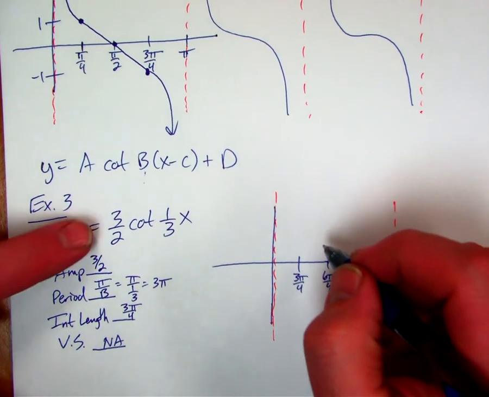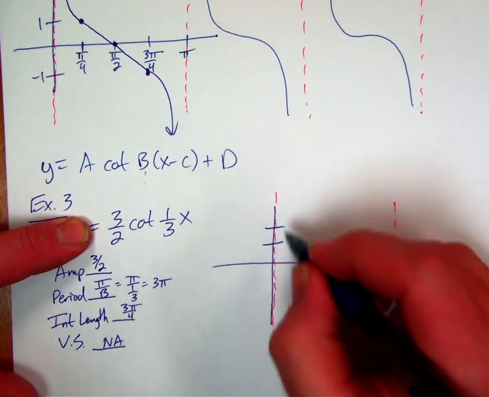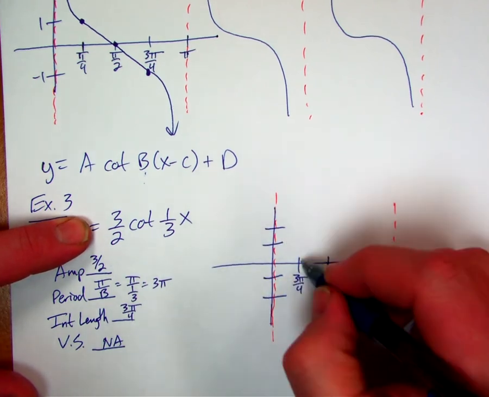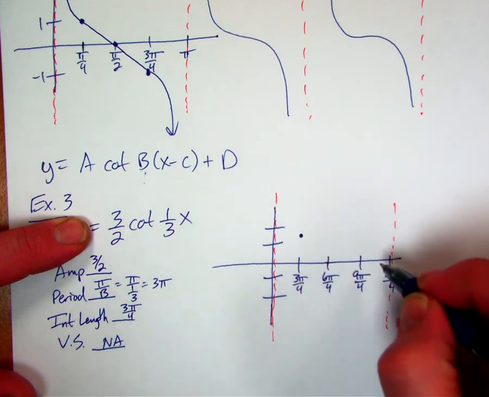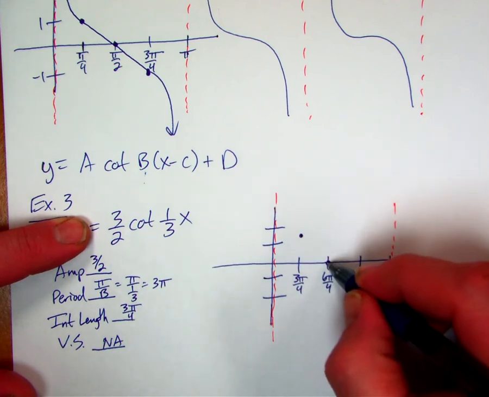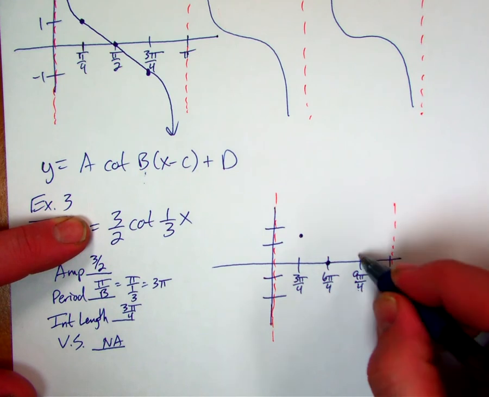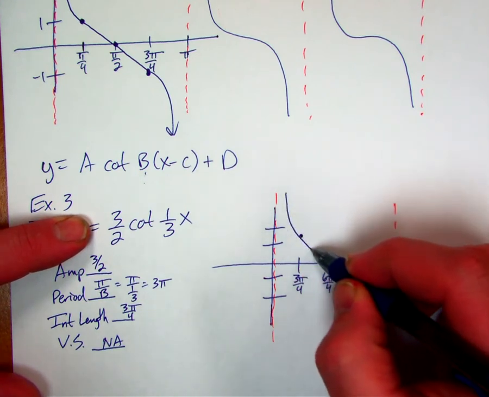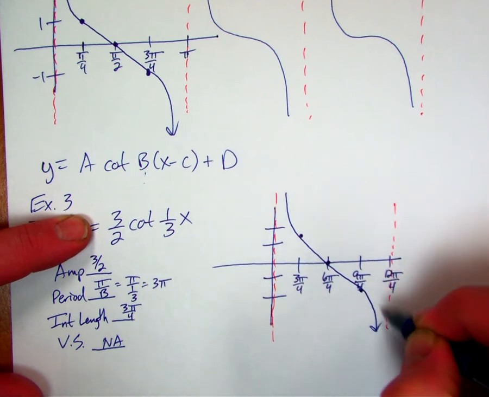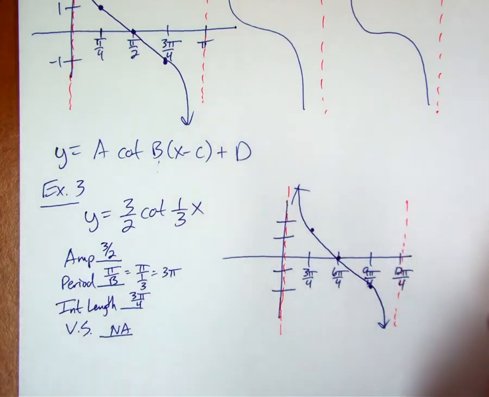Since it's a positive 3/2, I know I'm going to count up 3/2 from this point, which is 1.5. You're always going to be at 0 here in the middle, and down 1.5 to this one. So this is my cotangent graph with an amplitude of 3/2 and a period of 3 pi.